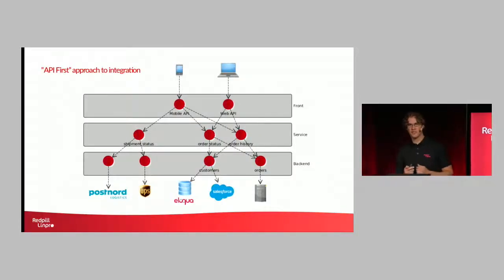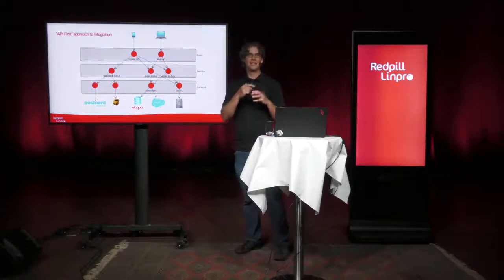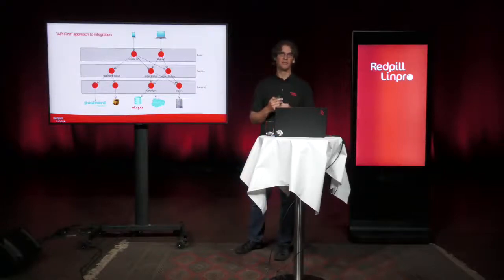When it comes to the design, we tend to try to build our integration in an API-first approach, which means that we are building the different parts of the integration as different APIs at different layers.